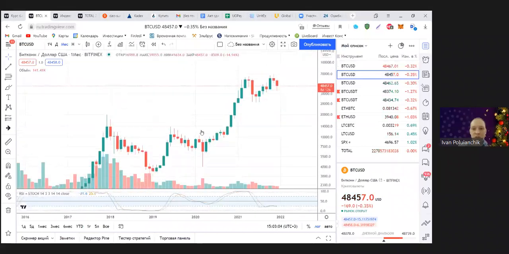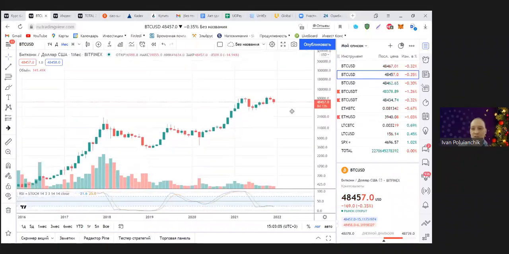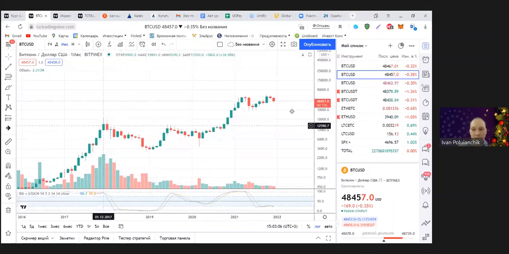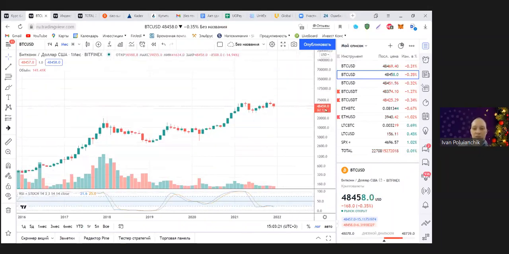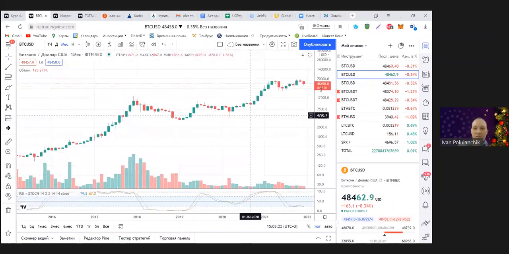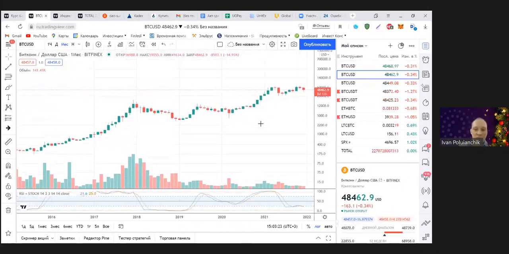So you see every candlestick represents a month. So give me a plus in the chat if you can see everything so that I know I can proceed. Okay, good, thanks.